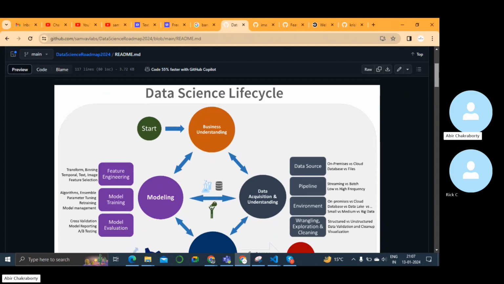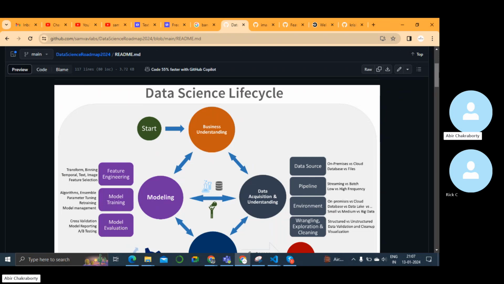This is the overall data science life cycle that we should know before starting any data science training or learning any data science technique. In this life cycle, we first determine the business understanding.